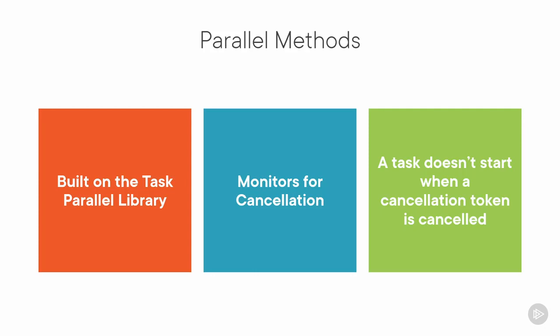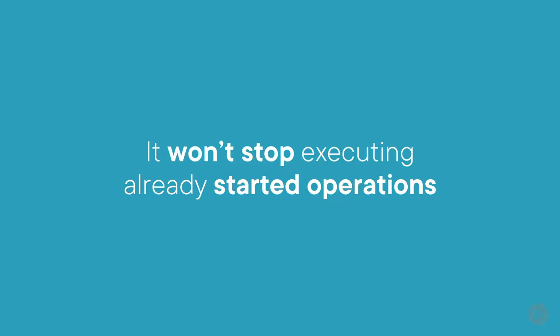This is because it's built on top of the task parallel library. And it makes sense that no new tasks are started because the cancellation token is set to cancelled. An important thing to remember is that it won't stop the execution of already started operations.